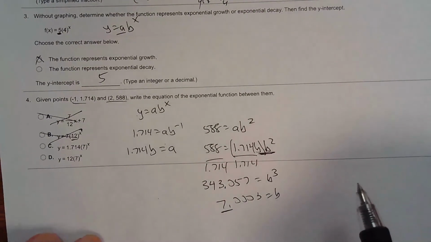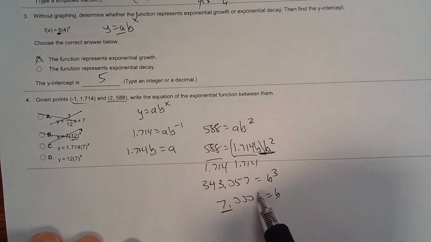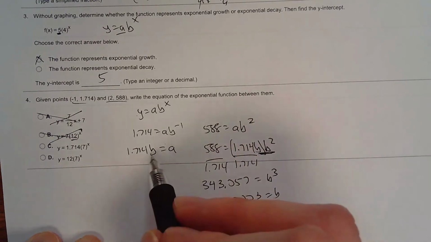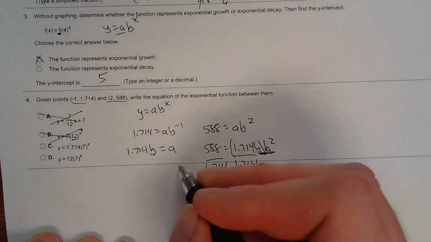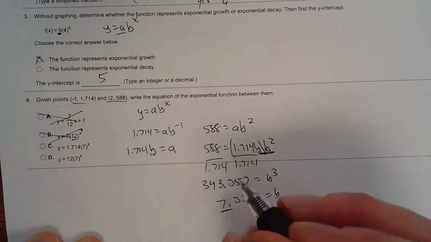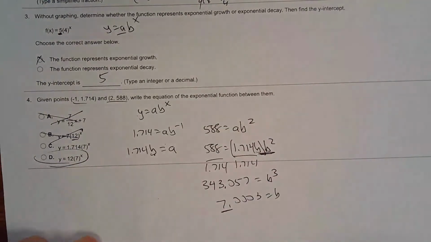To find out what a is, plug it in right here. So I'm going to take b, which is 7, times 1.714, and it's basically 12. It's like 11.99, so that would be letter D. So letter D on that one.